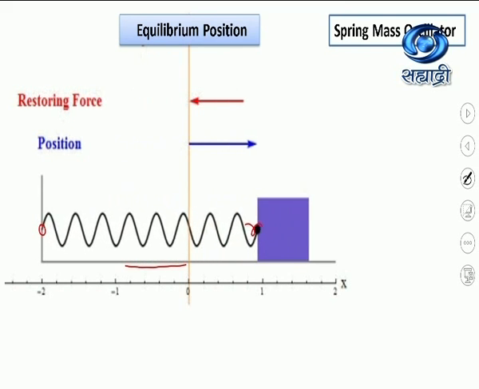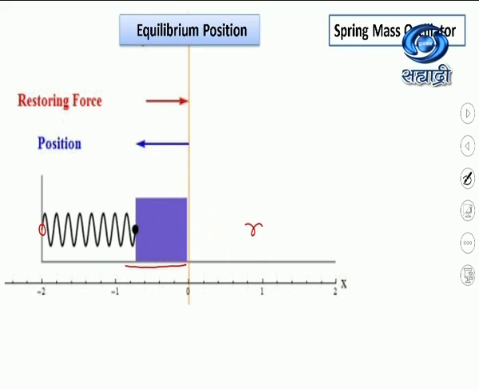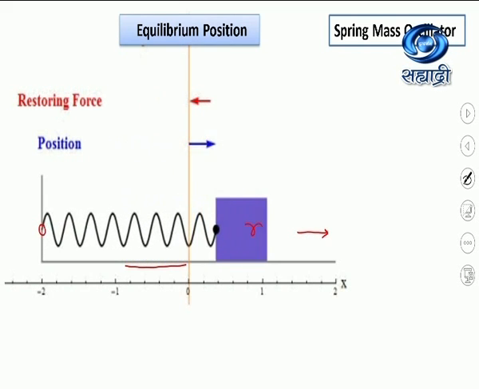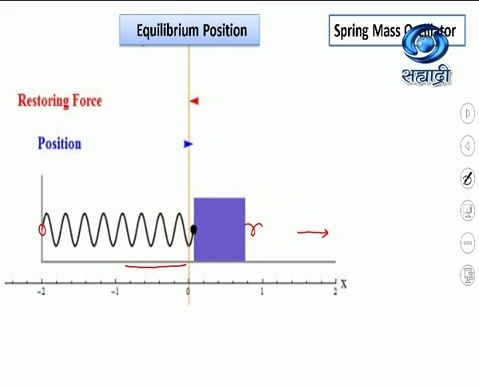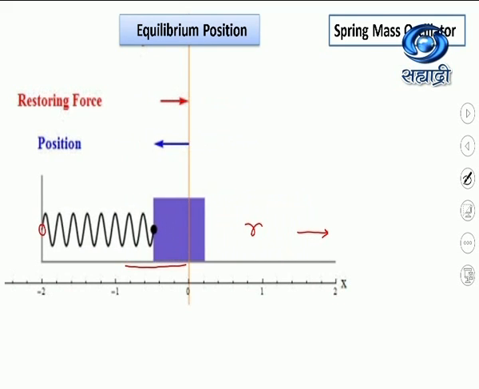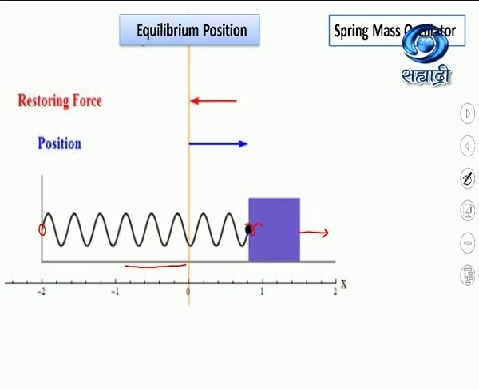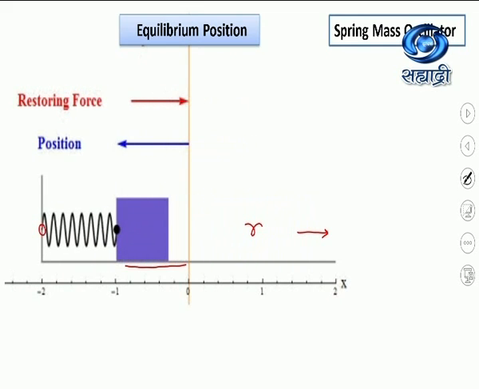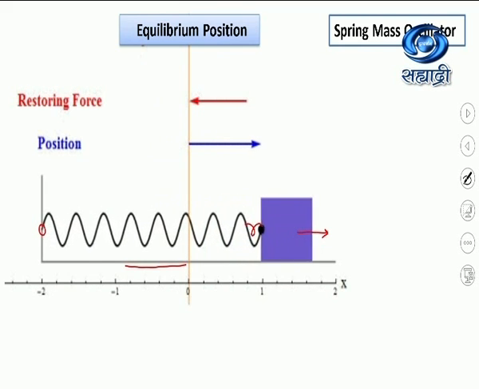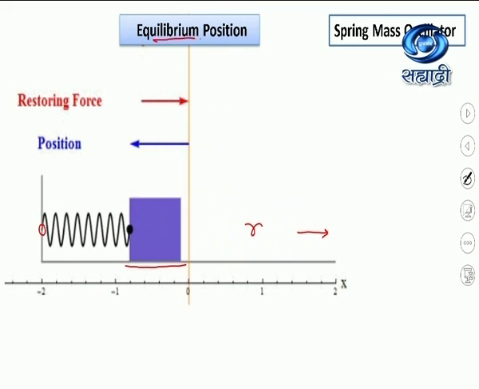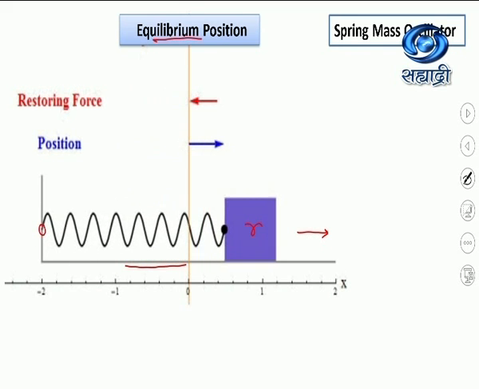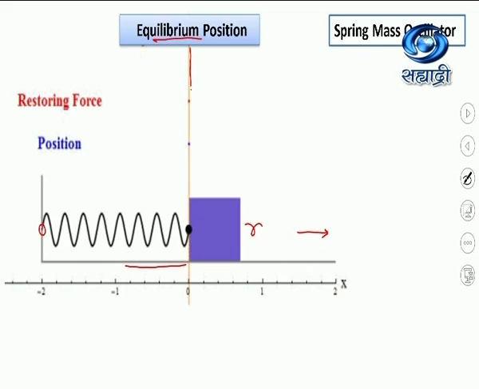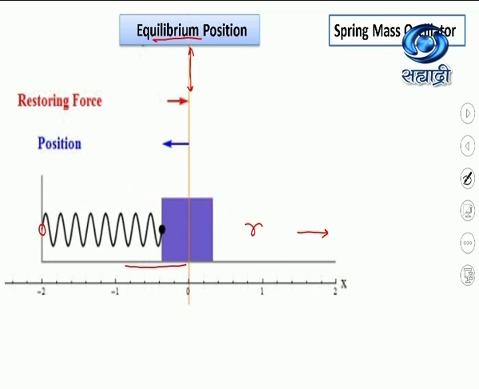Now when the block is stretched to the right and released, then the block starts performing to and fro motion about a position which is called the equilibrium position, and that is indicated by this vertical line.